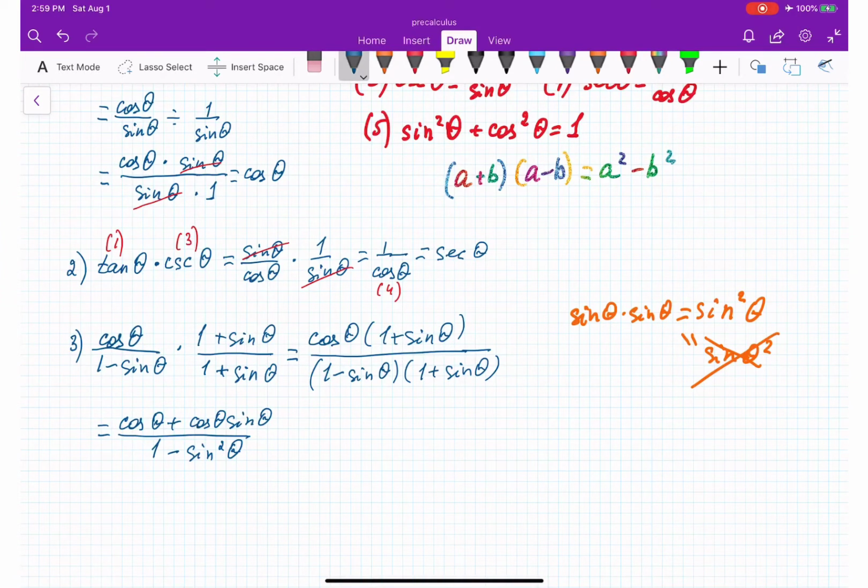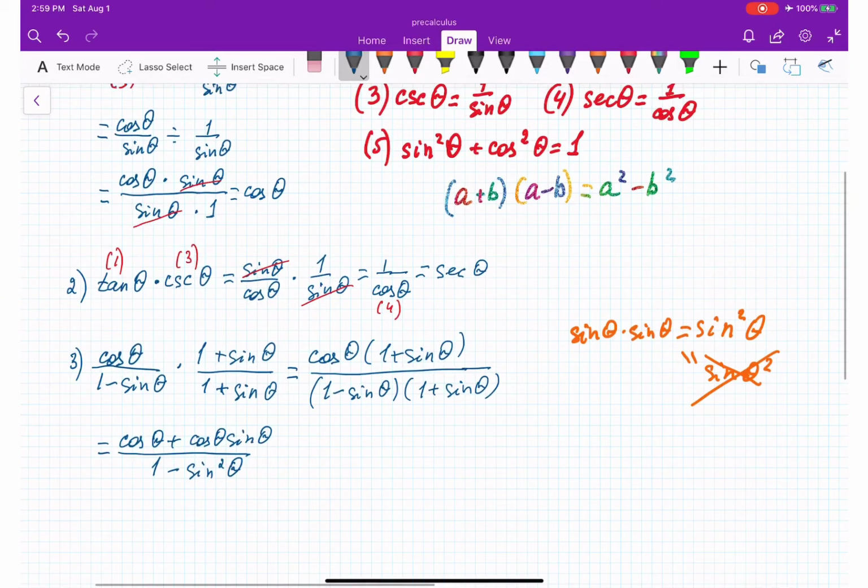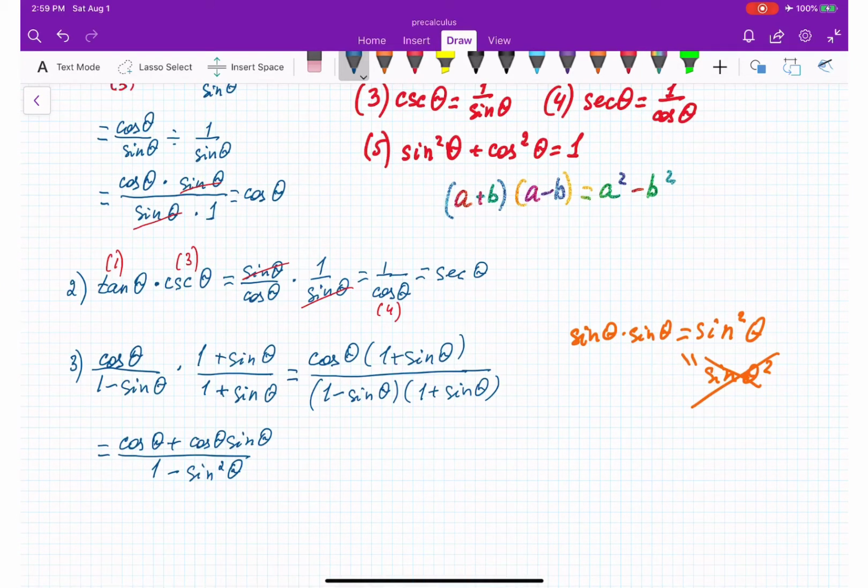What we are getting here is 1 minus sine squared theta. Okay, so 1 minus sine squared theta, from formula 5, is going to be equal to cosine squared theta, right? And this is formula 5.